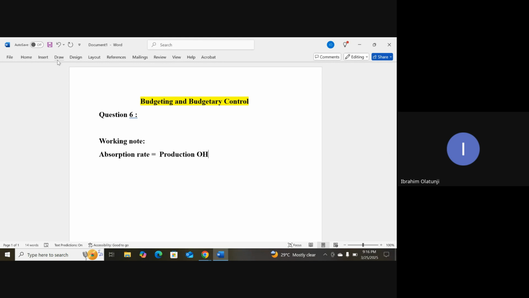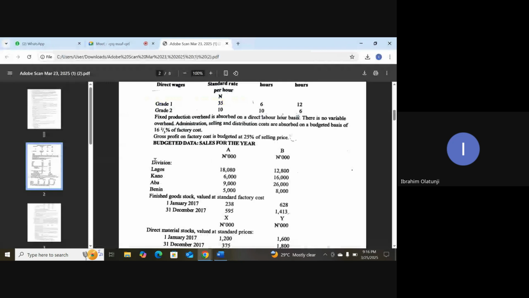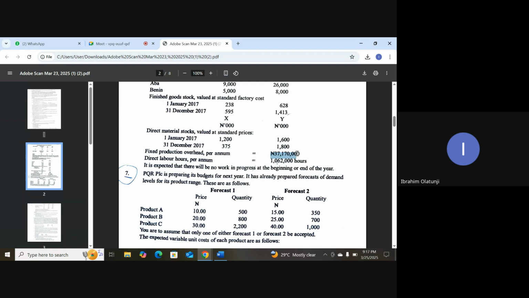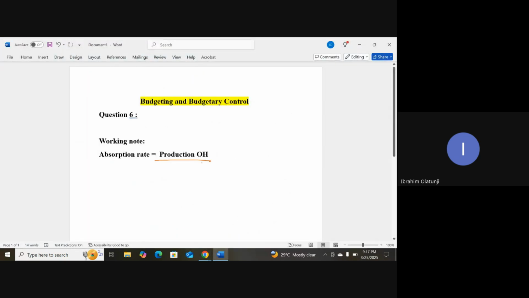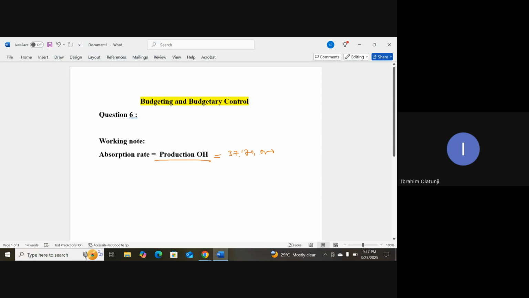We are given production overhead to be 37,170,000, all over the direct labor hours, because we are told that it's based on the direct labor hour.